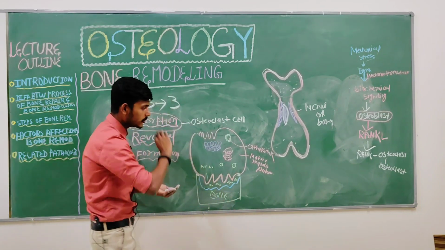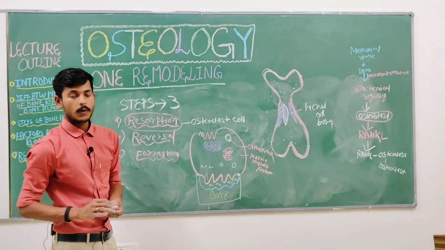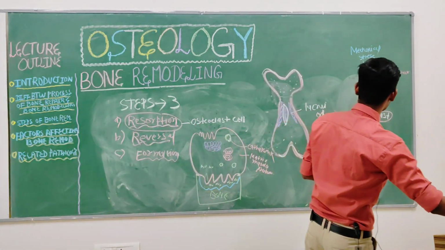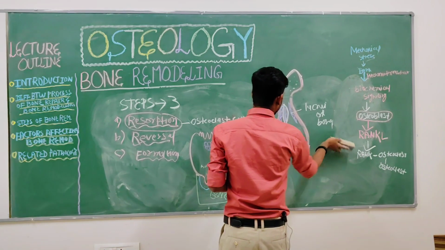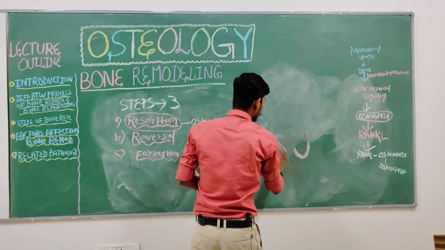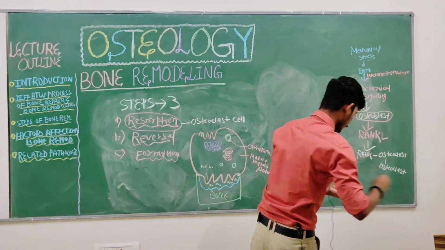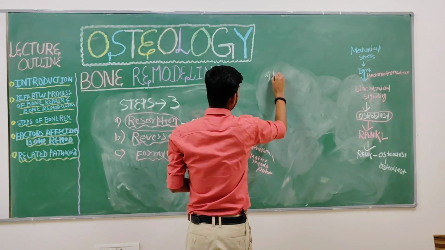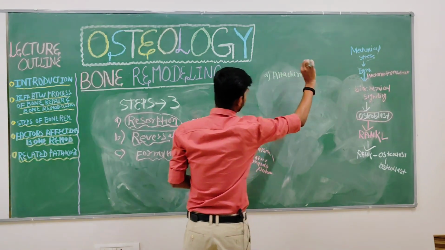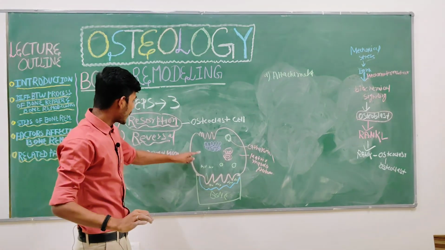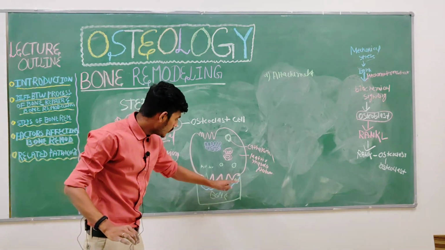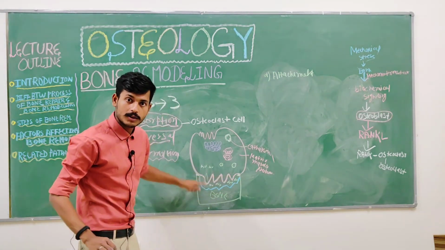Now once you understood all these things, we move ahead and see how this resorption takes place. Bone resorption first happens with attachment. Attachment of what? The osteoclast brush border cells to the damaged part of the bone.